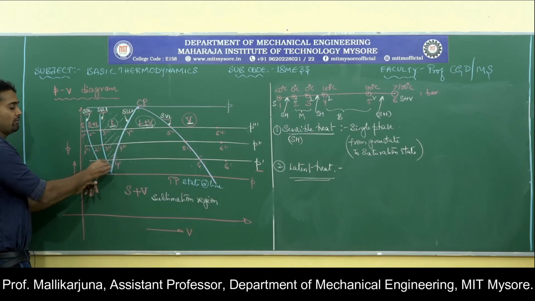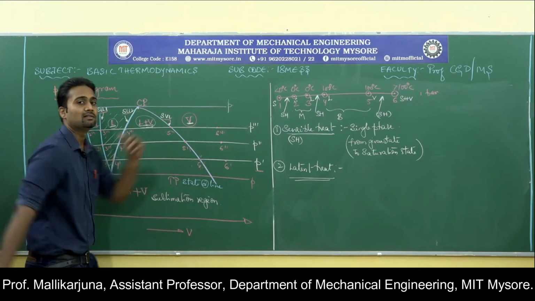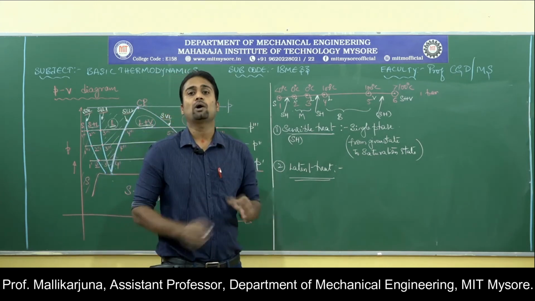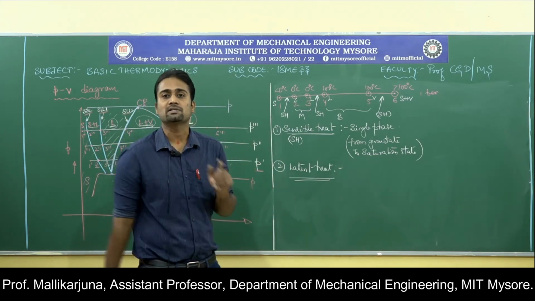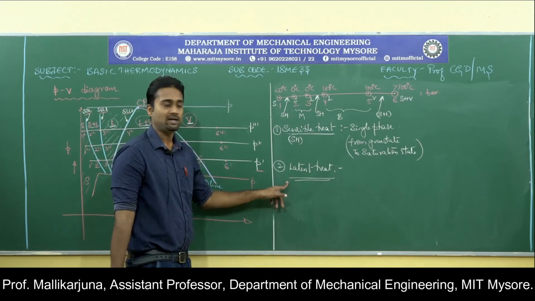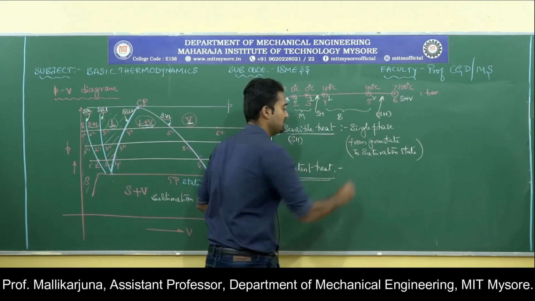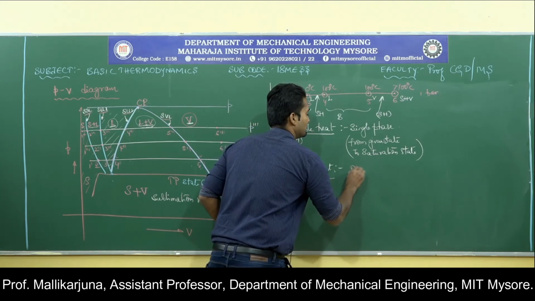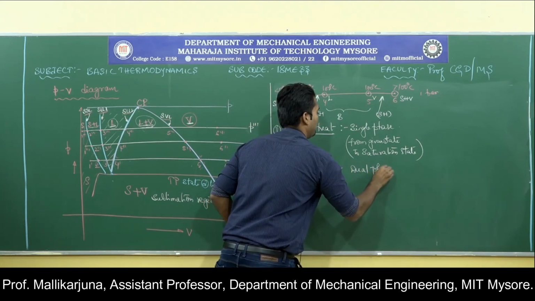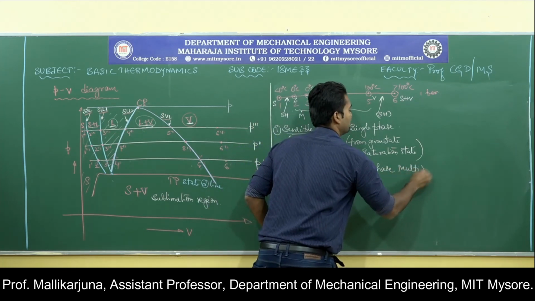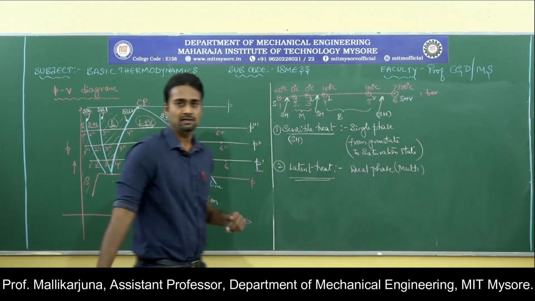In the sense, from 2 to 3 and from 4 to 5, the substance is changing its phase. In those portions, the amount of heat absorbed by the substance is nothing but the latent heat. It is not a single phase heat supplied, it is a dual phase or multi-phase, you can say. To change the phase, what is the amount of heat that is supplied.